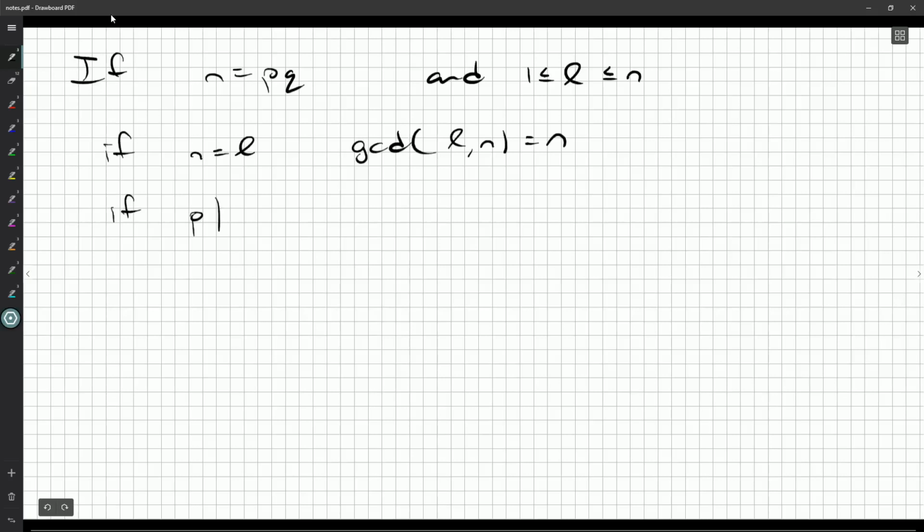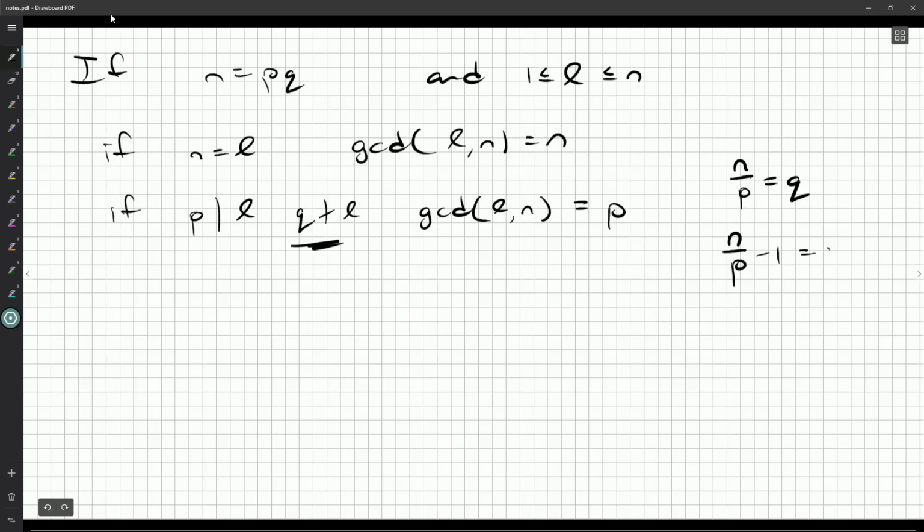If P divides L, but Q doesn't divide L, the GCD of L and N is going to be, well, just P. And how many of those are there? Well, there's N over P, which is Q of them, that are multiples of P, but one of those is N itself, which is also a multiple of Q. So there's Q minus 1 many of these.